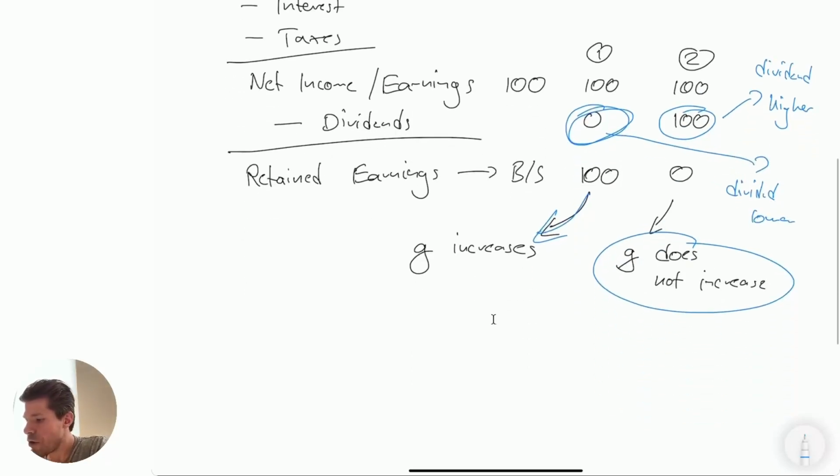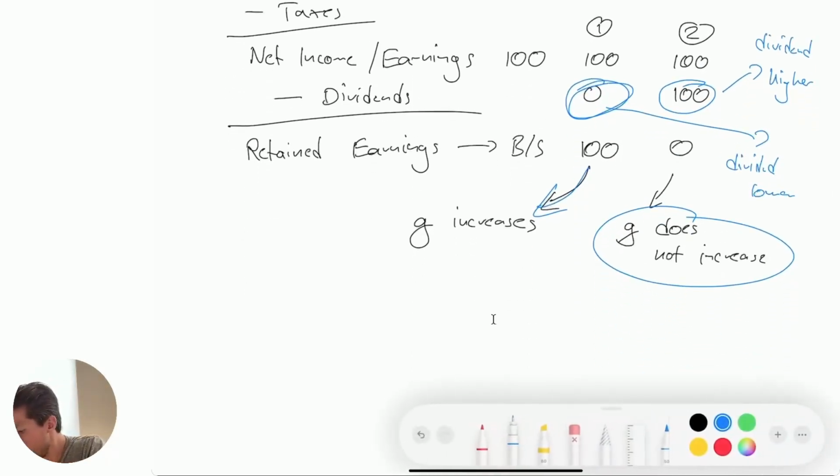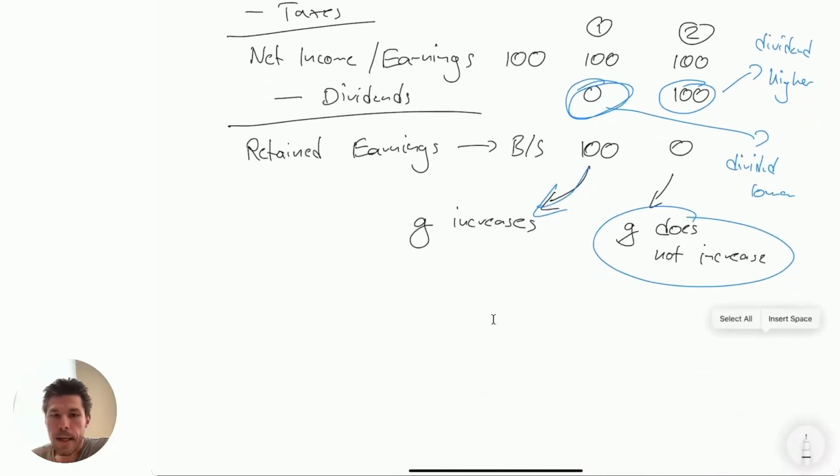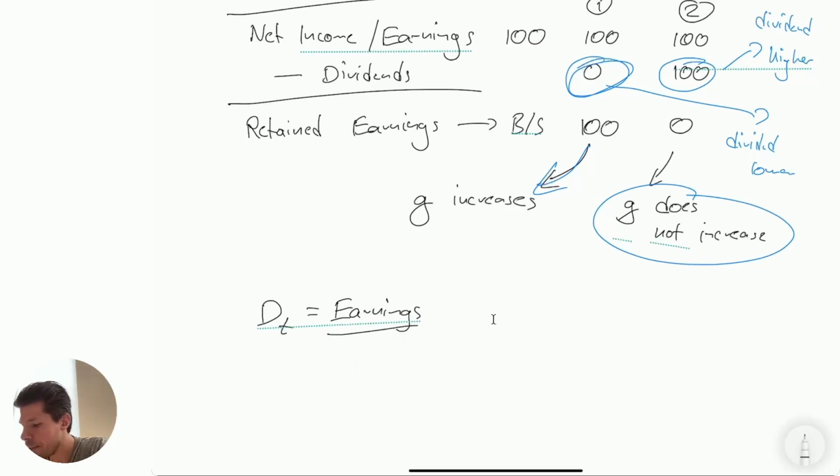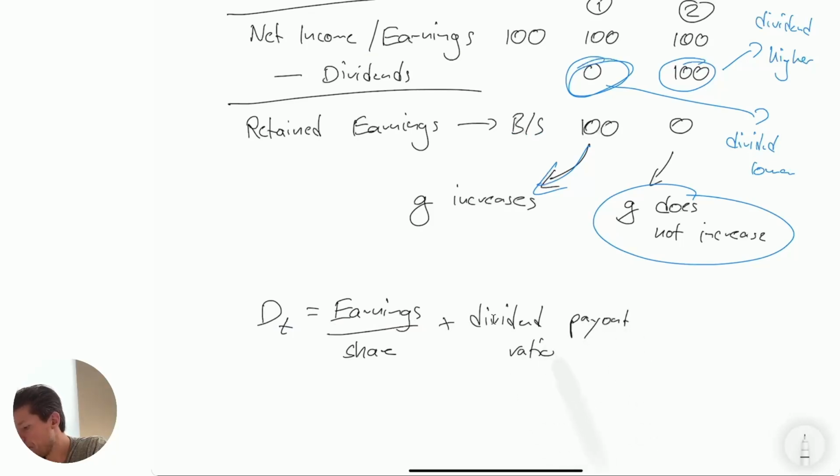So what is the trade-off? The trade-off in general is, if you think about how to define dividends: dividends equal earnings per share, I've assumed my earnings of 100 are per share, times the dividend payout ratio.